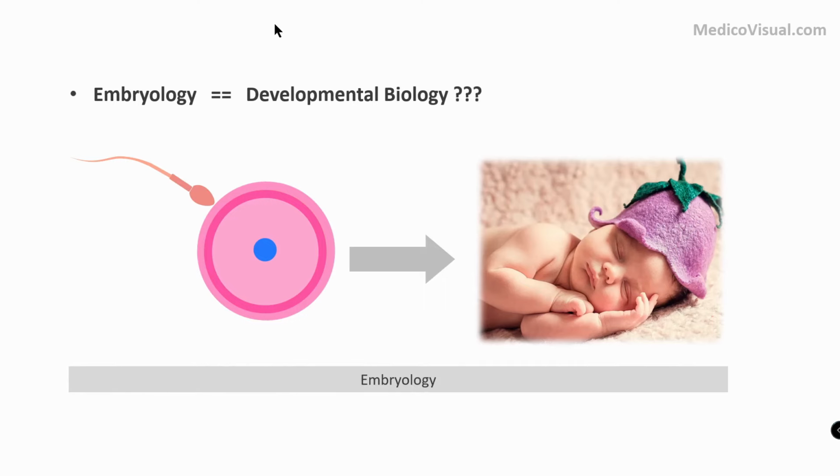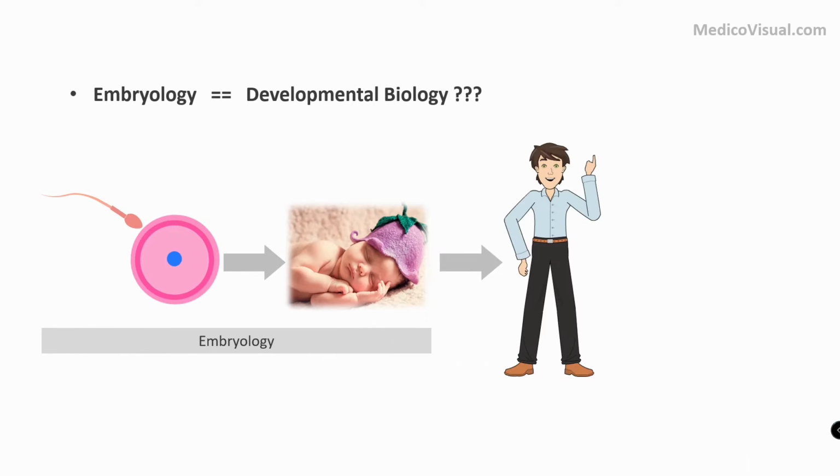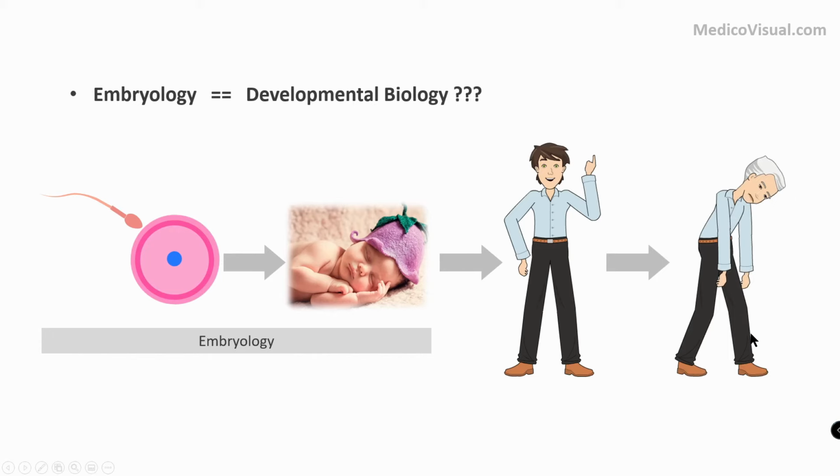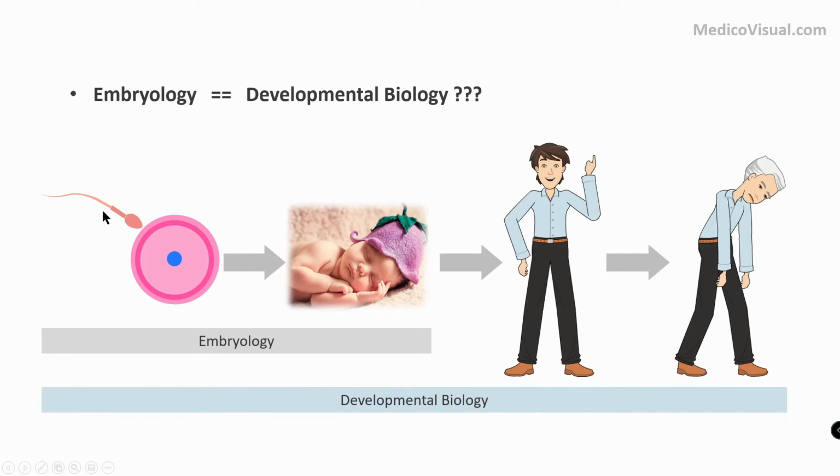So embryology is up till here, but developmental biology also includes the developmental stages that transform a newborn into a child, and then a child into an adult, and then an adult into an old man or woman, right? So developmental biology includes all these stages as well, but embryology is a subset. You can say embryology is a subset of developmental biology.